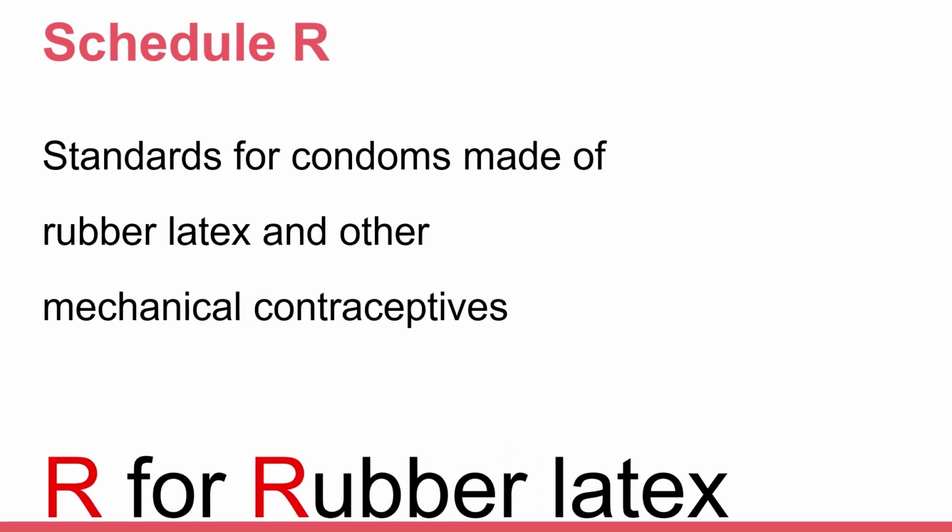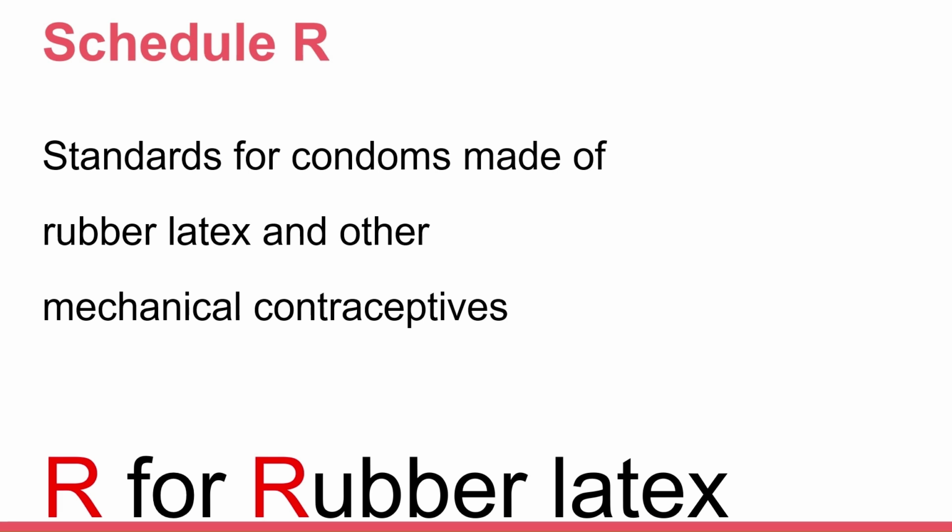Now moving to Schedule R. This schedule states about the standards needed for condoms made up of rubber latex and other mechanical contraceptives. Schedule R states about condoms and contraceptives. You can remember this by remembering a word, R for rubber latex.